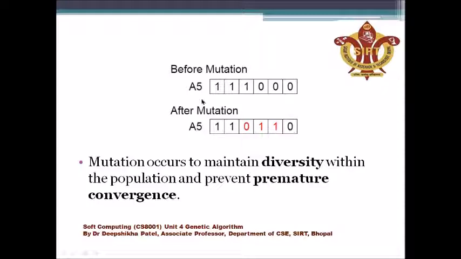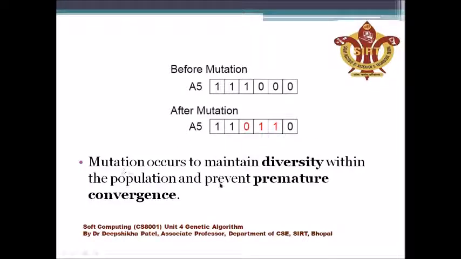When we calculate the fitness score, for example just by counting the number of ones in the chromosome, the fitness score of A5 will be 3, and when we mutate, the fitness score increases by 1. So after mutation, the fitness score of A5 is 4. So the chances of survival of A5 after mutation are greater.